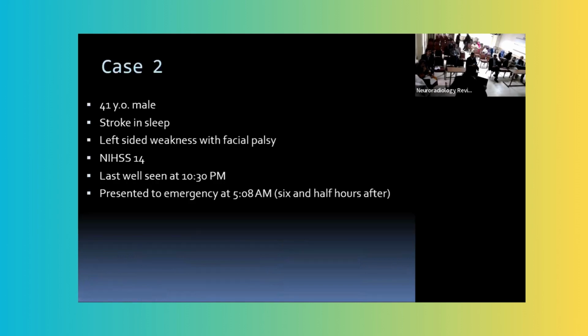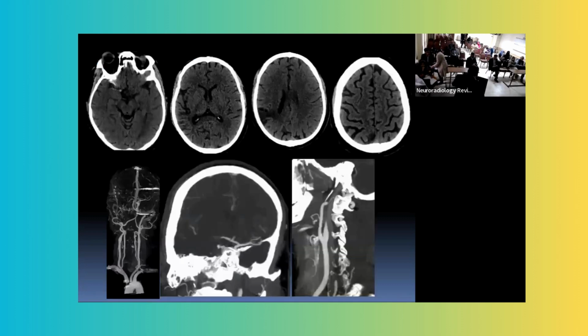Another case: a 41-year-old male, last seen well at 10:30 p.m. He slept, and while sleeping, he developed left-sided weakness with facial palsy. The NIHSS stroke scale was 14. He presented to emergency in the morning at 5:08 a.m., approximately 6.5 hours later.